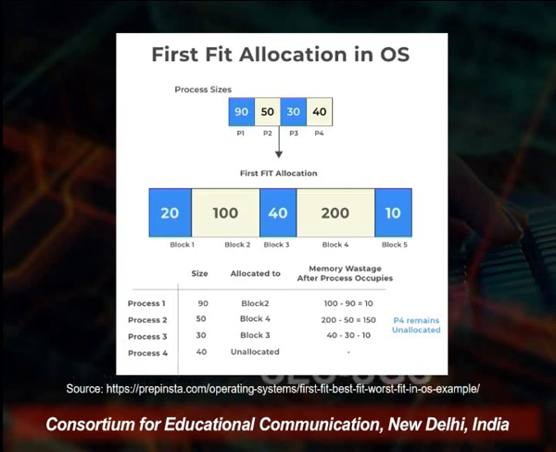Coming to process P3, we cannot allocate 20 here because that is lesser. 100 is already allocated, and now we are left with block number 3, which is of 40. So that process is given this block of 40 units. Now 40 minus 30 is 10, so 10 units of memory are being wasted here. So block 2, in which process P1 resides, is wasting 10 units of memory.